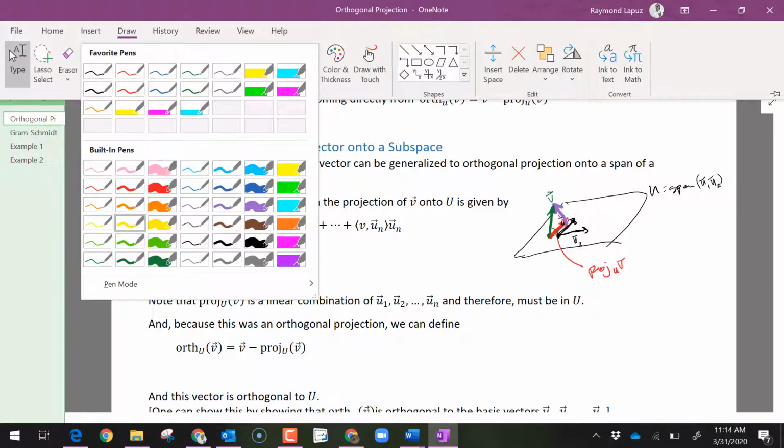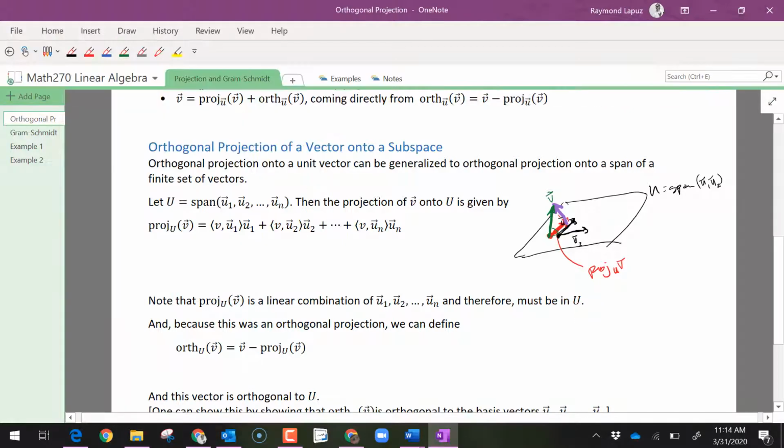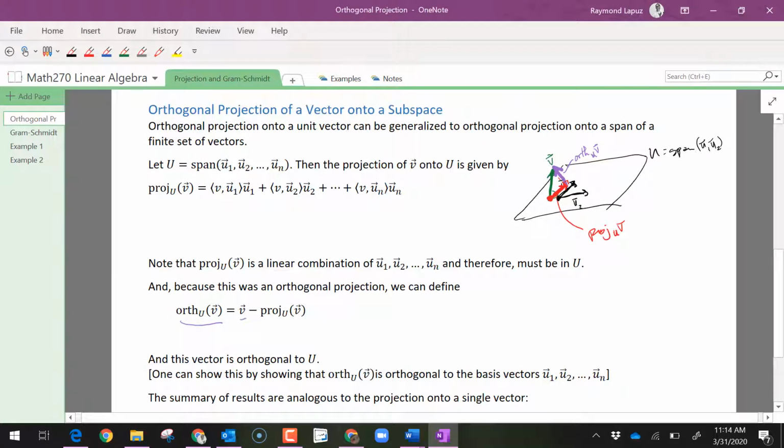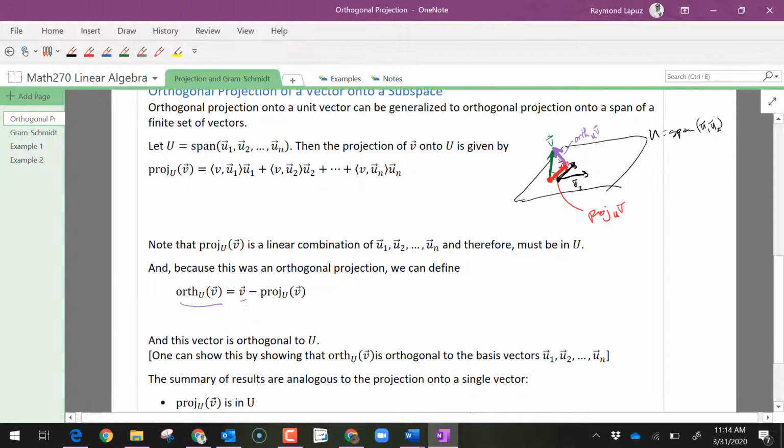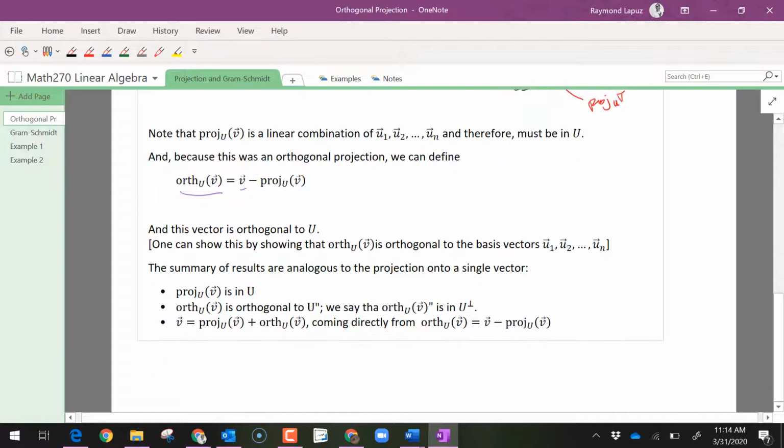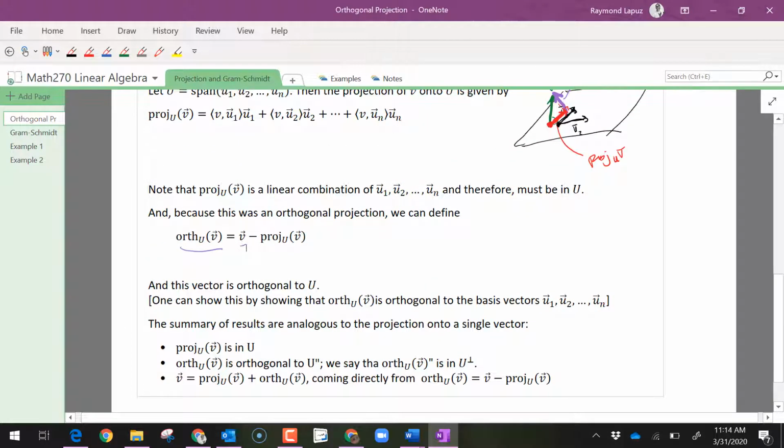So that vector that's perpendicular to the plane will be labeled orth of v onto the subspace U, and that is going to be given by the difference of the vector v and the projection vector. So this vector is orthogonal to U, and again we summarize. The projection vector itself is on the plane.